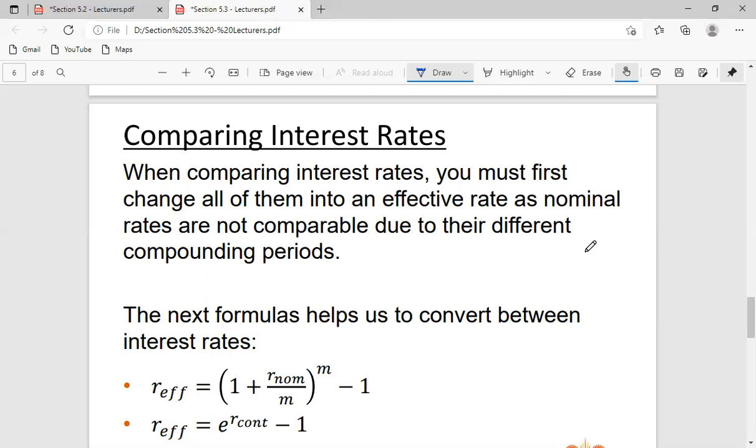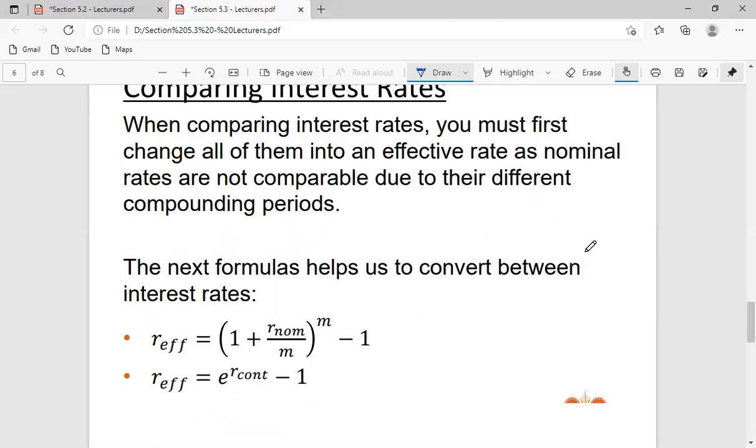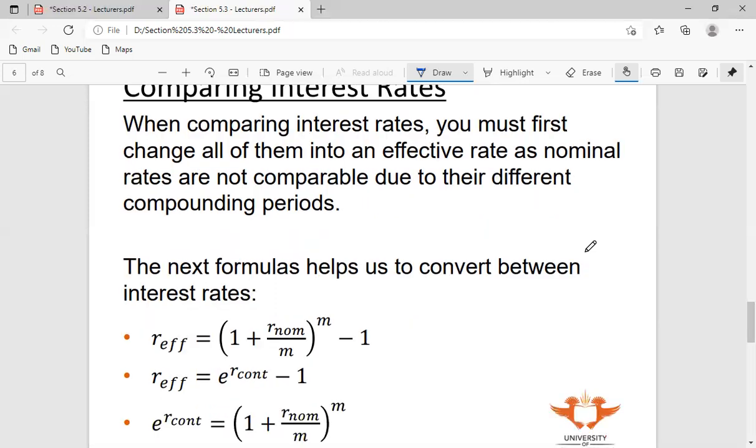You use the formulas we are going to see explicitly very shortly to compare these interest rates and advise your customer on which investment option to choose.